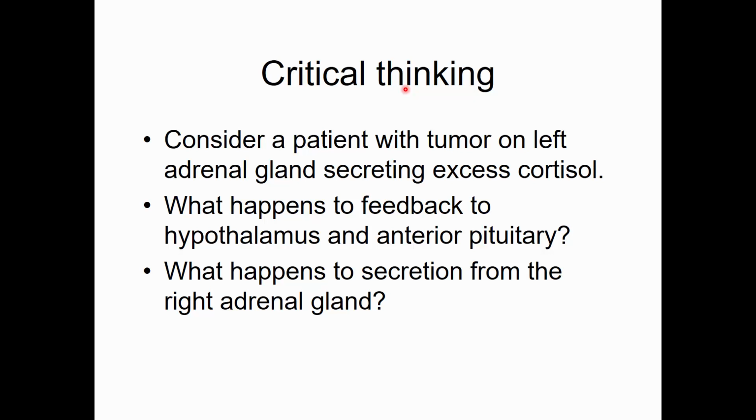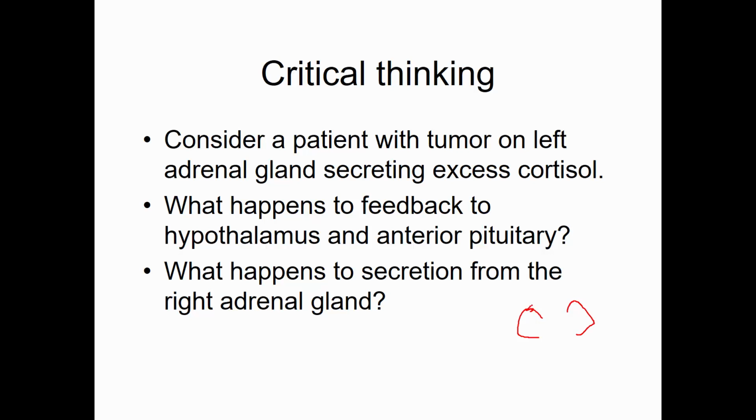So let's think. We have a patient with a tumor on their left adrenal gland secreting excess cortisol. What happens to feedback in the hypothalamus and the anterior pituitary, and what happens to secretion from the right adrenal gland? Okay, so the adrenal gland sits on top of the kidneys.